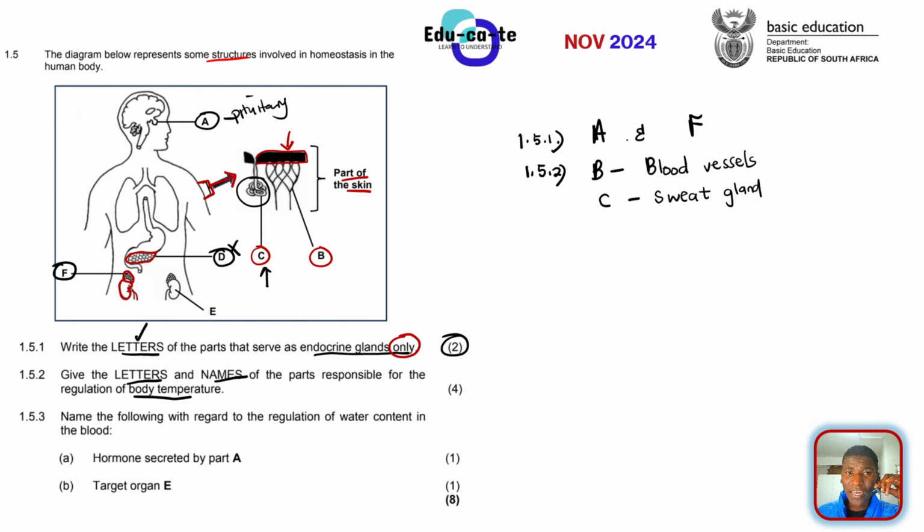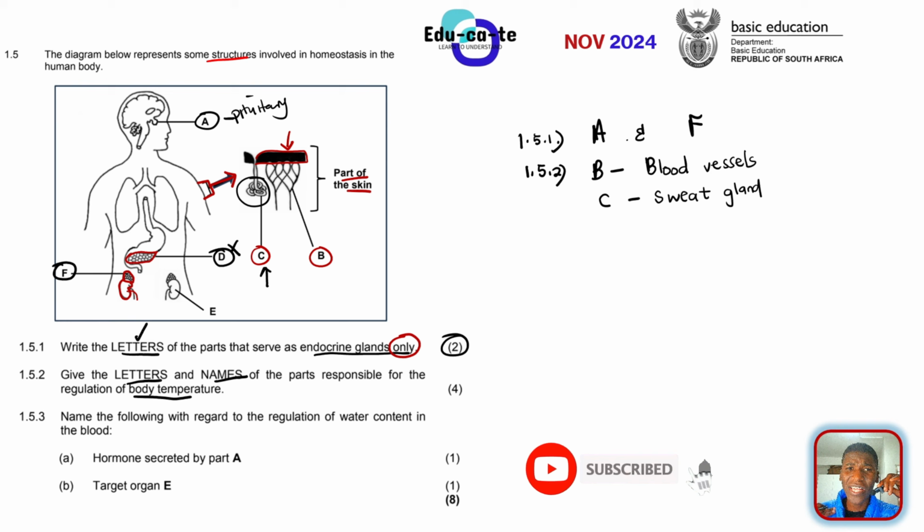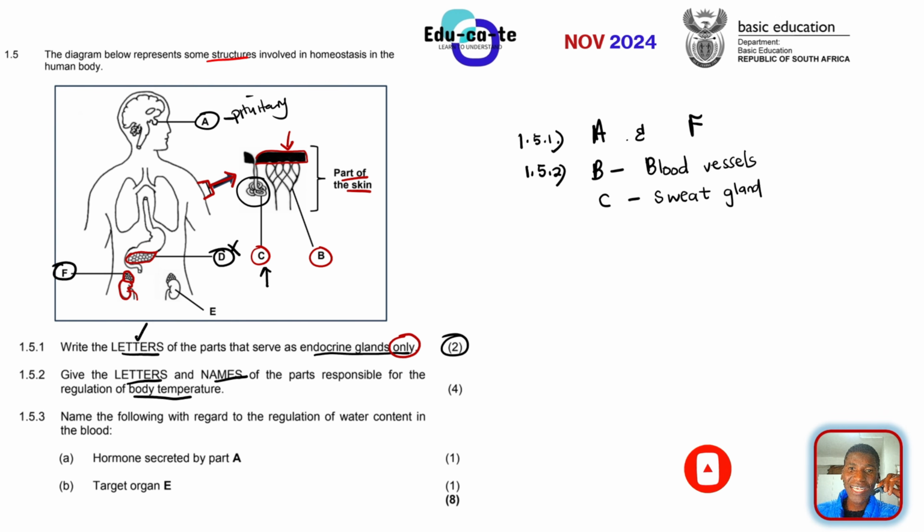Remember, when it is very hot, you sweat a lot. Oh, that's a rhyme. That's a bar, actually. So when it is hot, you sweat a lot. What is the sweat going to help you with? It is going to reduce the body temperature, because the sweat is liquid, so it will just evaporate, and you will end up feeling cooler and cooler. So basically, the sweat gland plays a role in the regulation of body temperature.